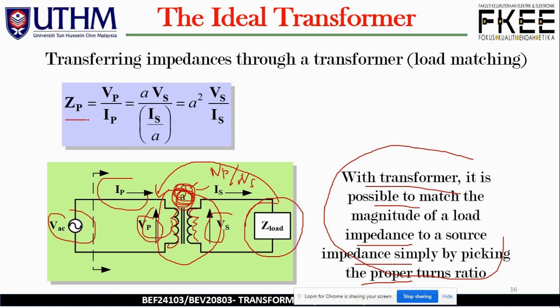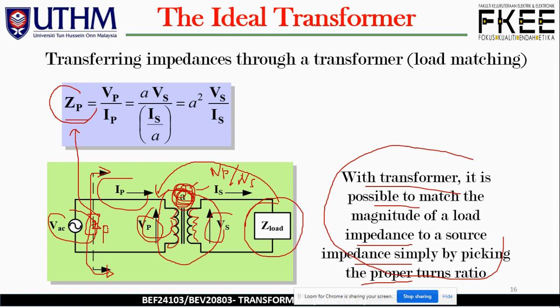So we have Zp, the impedance, equal to Vp over Ip. So we have an equivalent circuit over here. I will try to break up the circuit at the primary side. So let's say we have our Zp over here. This is what we are currently doing.